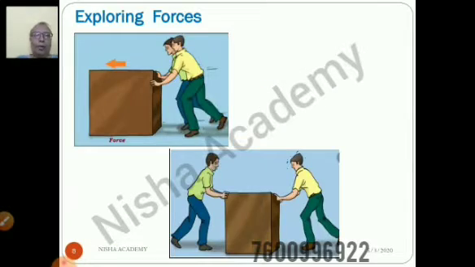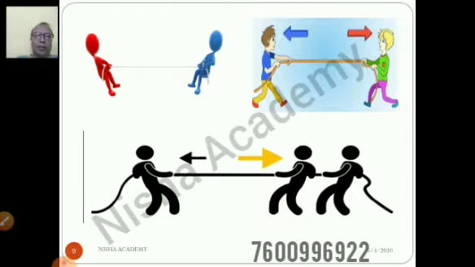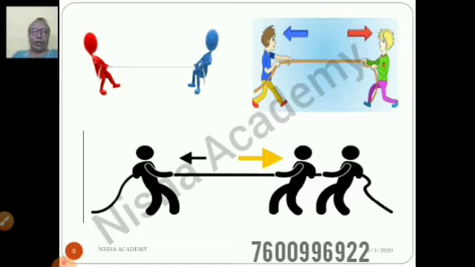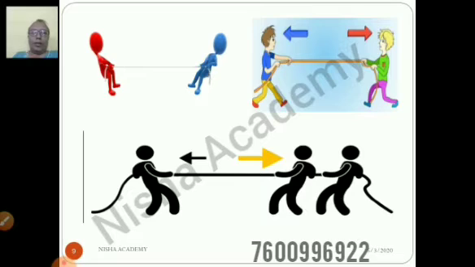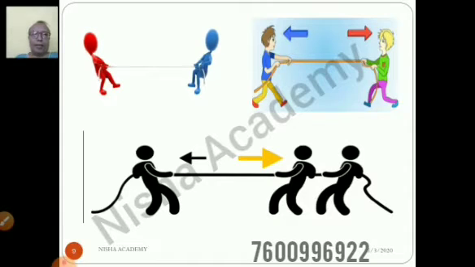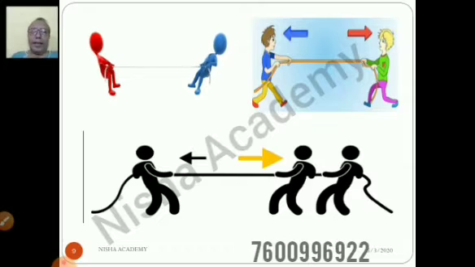What we had learned in this figure also is that there are forces in two different directions. When the forces are equal, there is no movement, but in the figure below you can see that where the larger force is applied, the movement happens in that direction.